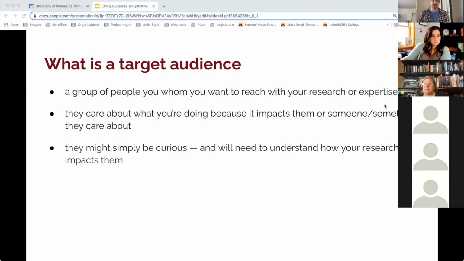And so sometimes they come into this equation, they already care about what we're doing, but there's a lot of times where we're trying to make the audience care about what we're doing because they don't understand it well enough to be in the position to know that they should care about it or that it is impactful to them.